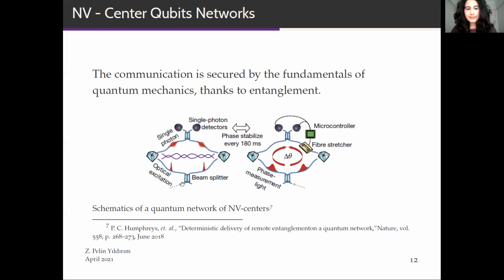Here we see that a photon entangles an electron in an NV center, and here a separate photon entangles a separate electron, and when these two photons are entangled at the beam splitter, the information is shared. This is how quantum networks work for NV centers.